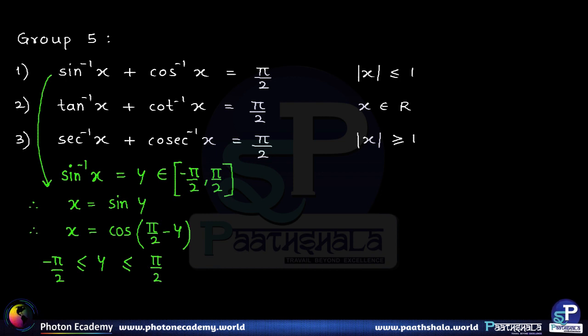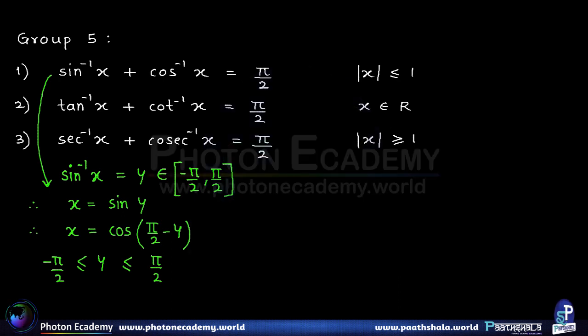Since we got minus y, let us negate everything. So therefore we can say that pi by 2, since we are negating the inequalities, will reverse, greater than or equal to minus y, that in turn is greater than or equal to minus pi by 2.